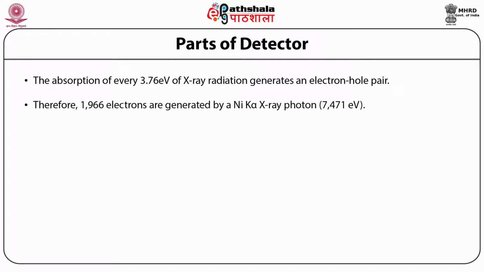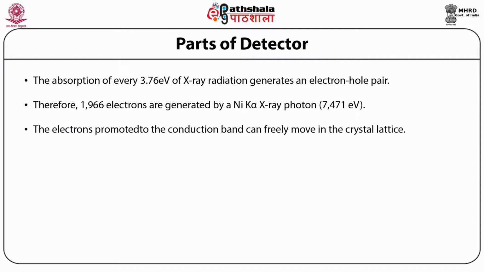Therefore, 1966 electrons are generated by a nickel K alpha X-ray photon of energy 7471 electron volt. The electrons promoted to the conduction band can freely move in the crystal lattice.